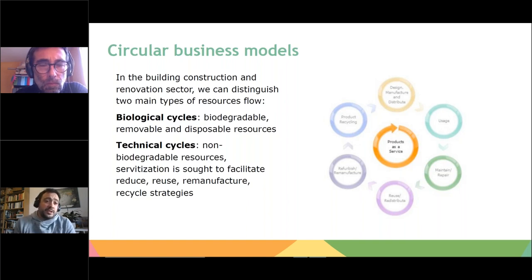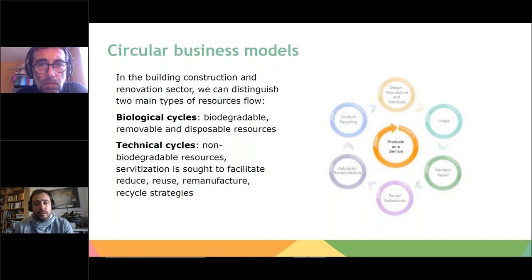But as I said, in building construction, material use is very intensive, and in most cases we find that it's not biological or biodegradable materials, but non-biodegradable resources. So we are looking at technical cycles.